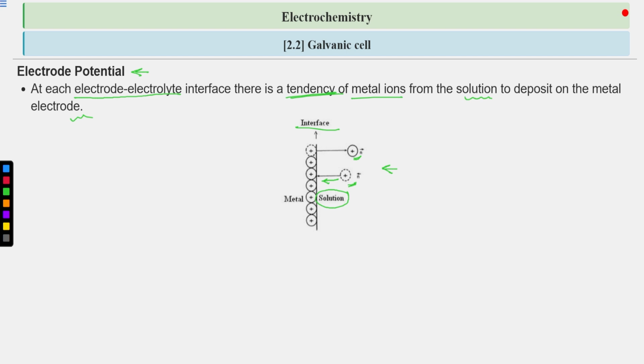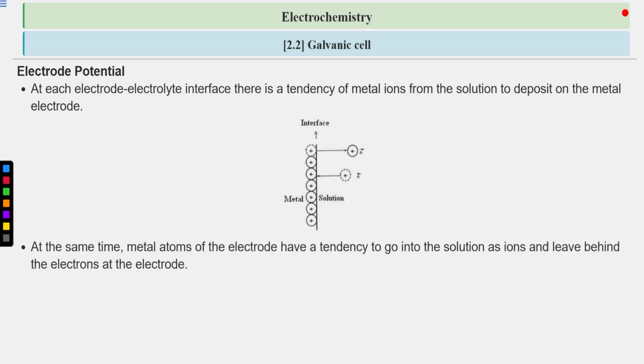Also vice versa, a metal ion in the electrode has a tendency to dissolve in the solution and become one of the metal ions of the solution. So at each interface this process is happening: metal ions have the tendency to deposit from the solution onto the metal electrode or dissolve from it.